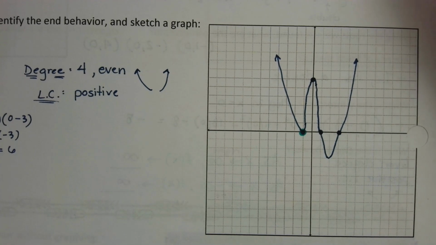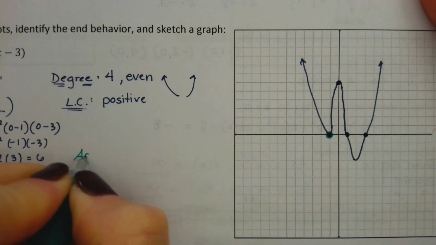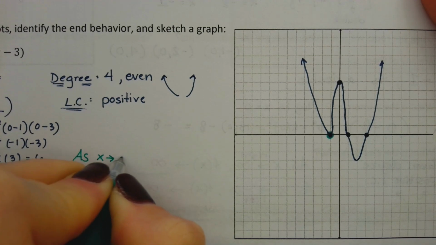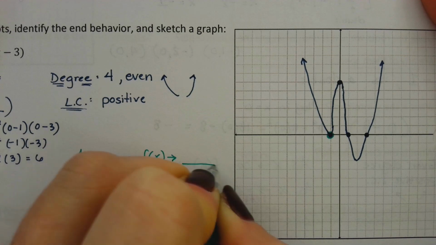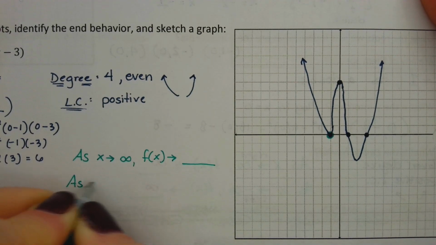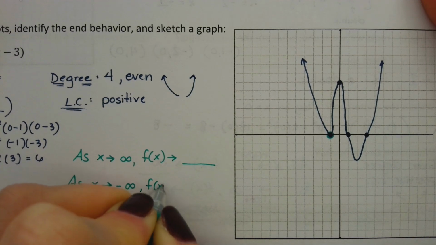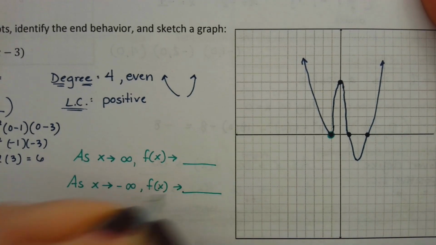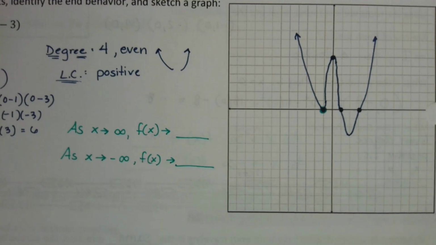I'm going to speed run my end behavior. And remember, our only choices for filling in are going to be either positive infinity or negative infinity. Is it going up or is it going down?